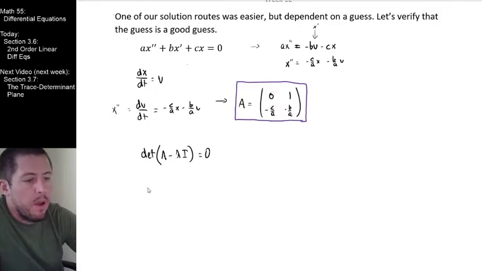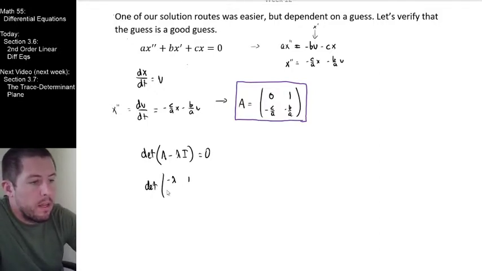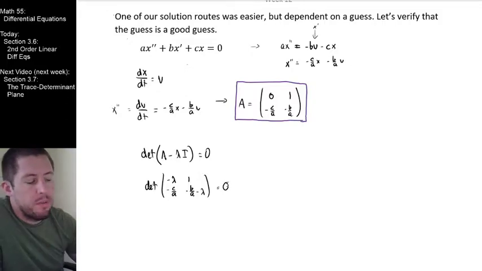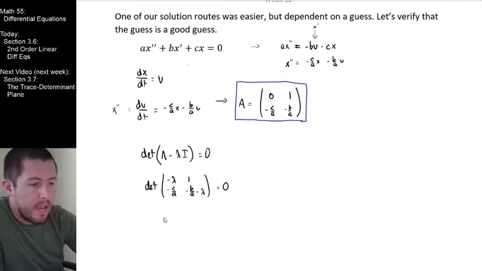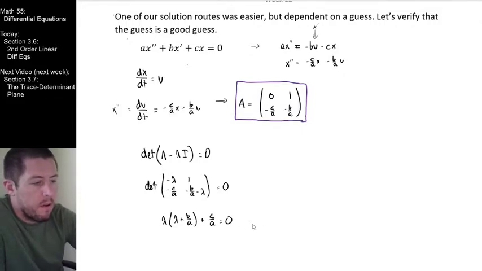it equal to 0. When I do this, this is my determinant of negative lambda, 1, negative c over a, negative b over a minus lambda. And I'm claiming that that should be equal to 0 if we're going to get our solutions for lambda here. So it looks like I can do lambda times lambda plus b over a, plus c over a is equal to 0.